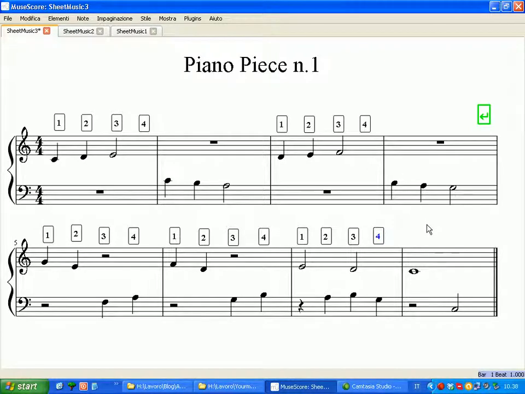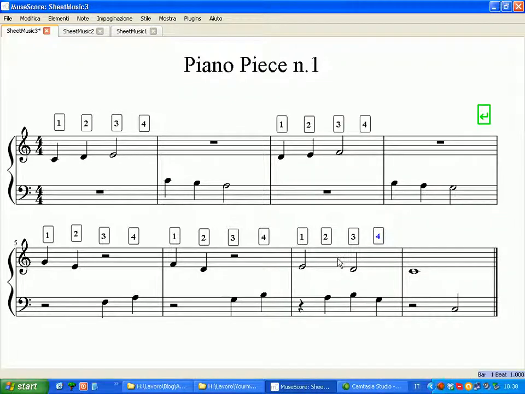But if we focus on the sixth bar, we're going to see something very interesting. In the case of the sixth bar, we wrote all the four beats in correspondence of every note of the right hand staff.